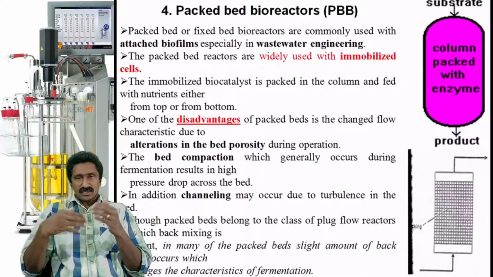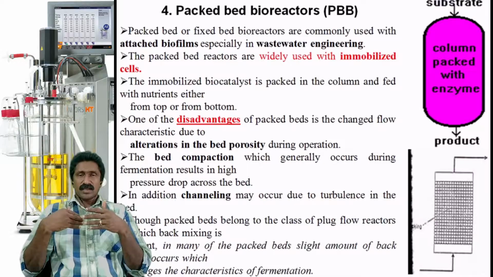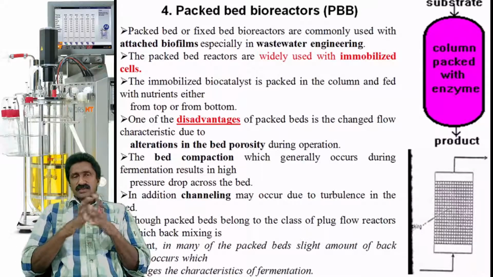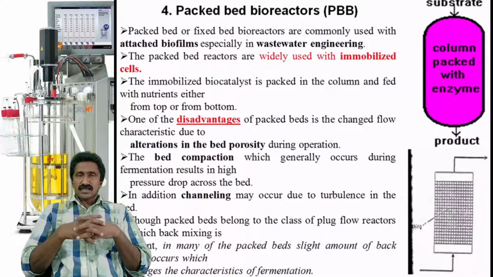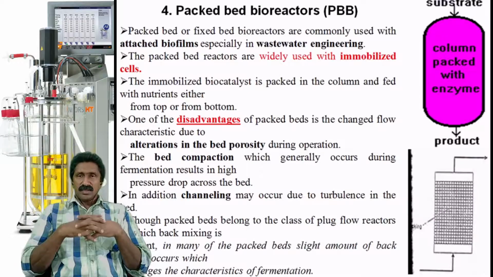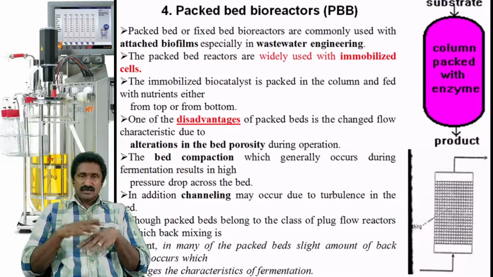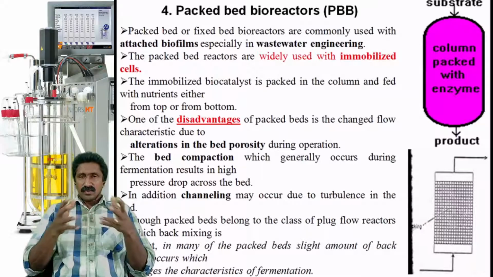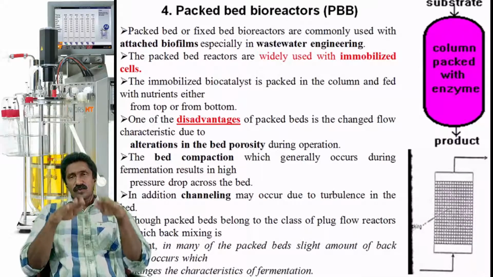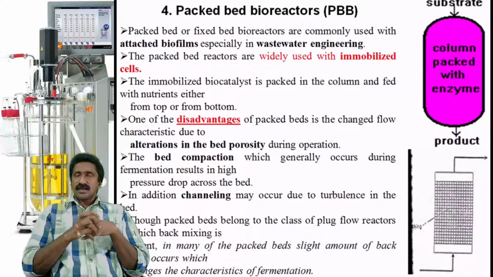But in some cases, some movement of the medium backward is also possible. These can be categorized as a form of plug flow reactor because we provide the medium with substrate at some concentration, then a low concentration, and again a medium with high concentration that flows as a plug. That type of setting is possible in packed bed reactors.